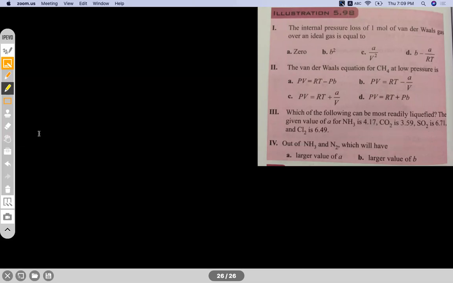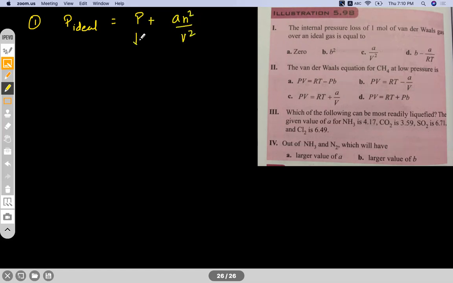Okay, the first question is the internal pressure loss of 1 mole of van der Waals gas, that is real gas, over an ideal gas. So we know, as we had discussed, that P ideal is equal to P plus A n square by V square.